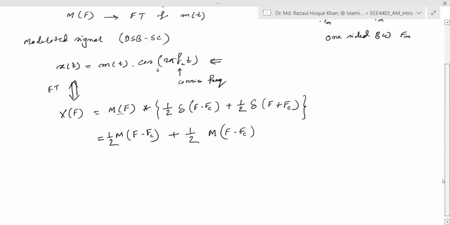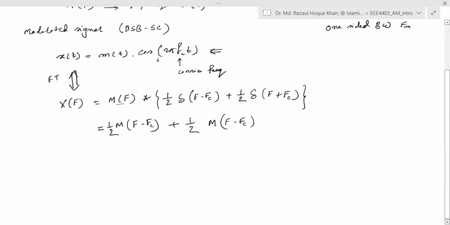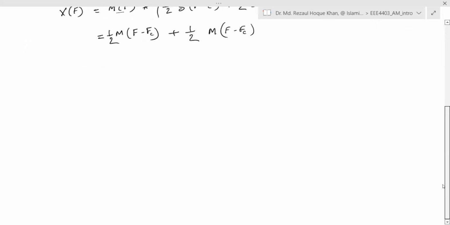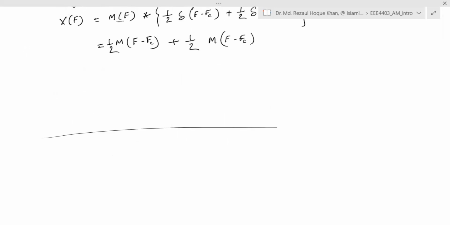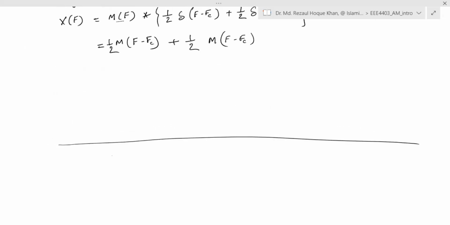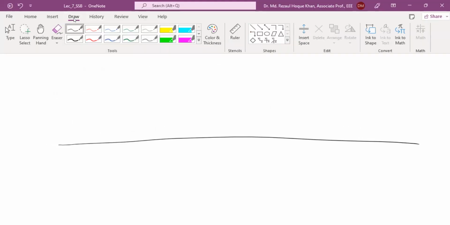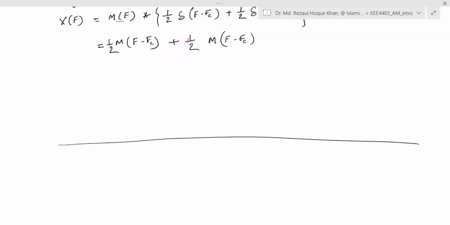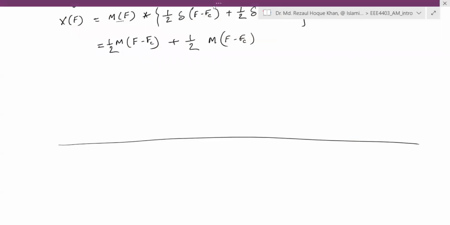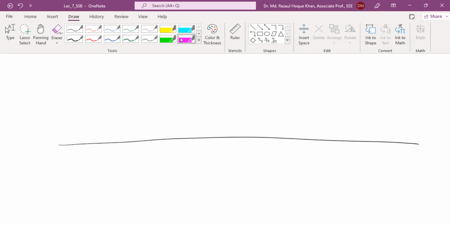So how would this equation look if we draw the spectrum of this?